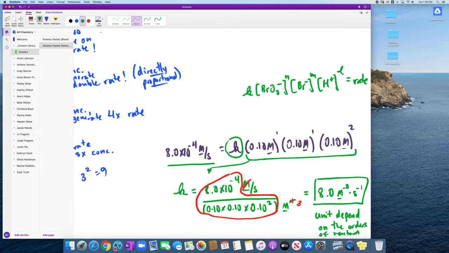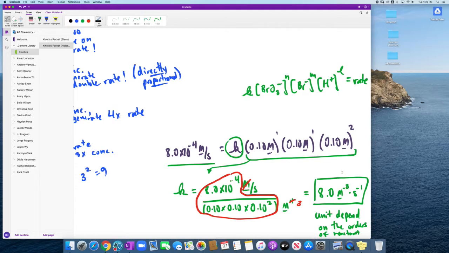There's always going to be a per second in the rate constant, but this part with molarity, that's just enough molarities to divide out 3 of these, leaving 1 behind, so you get molarity per second as your units for rate. Anyway, that's how you can solve for the rate constant as well.